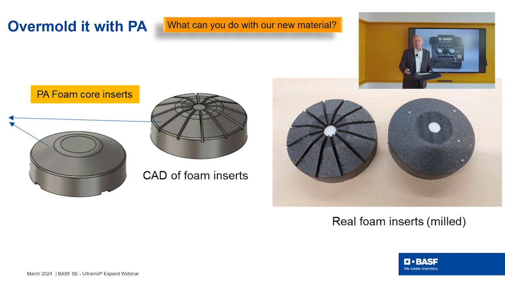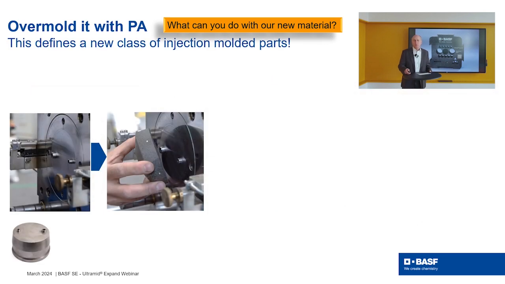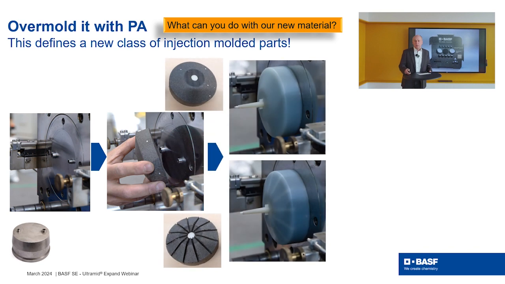And what you also see is that we have ribs in that foam insert, so they are a real extension of the cavity. On the left side you see the open mold, you put the foamed core inside, and then we overmold it with a standard injection molding process. We have tried several materials, for example a non-filled polyamide and also glass fiber filled polyamide, and the core withstands the pressures that arise during the filling process.